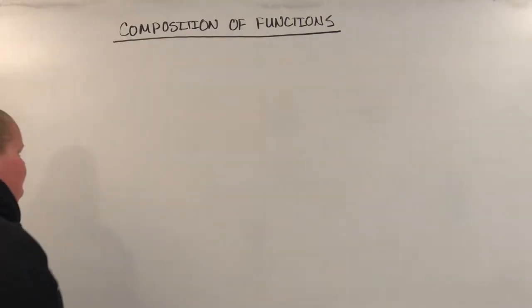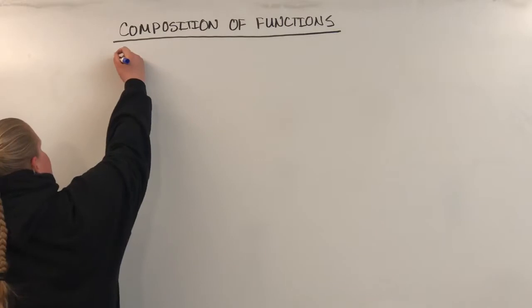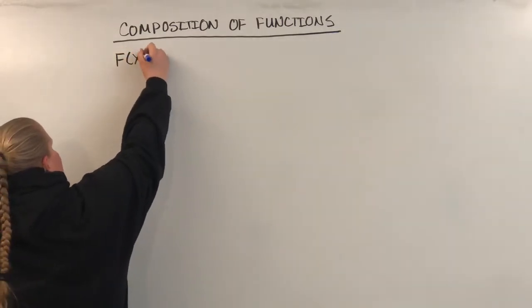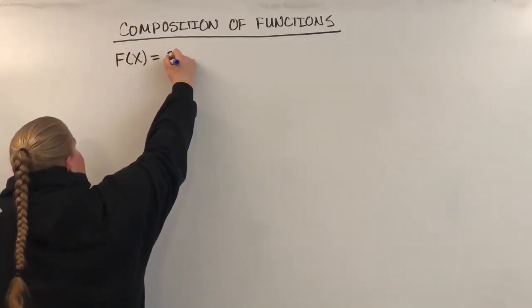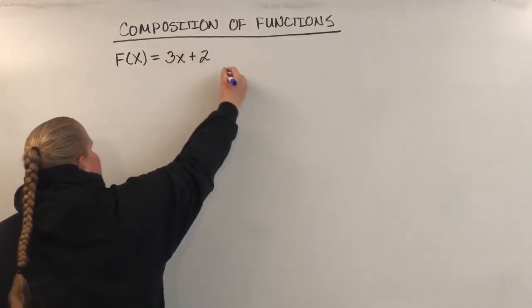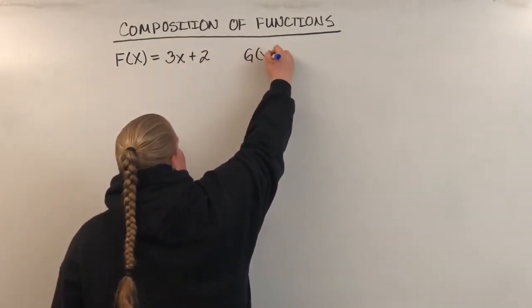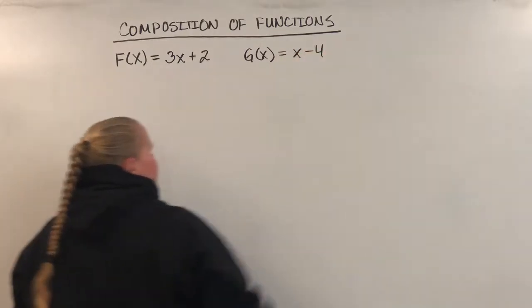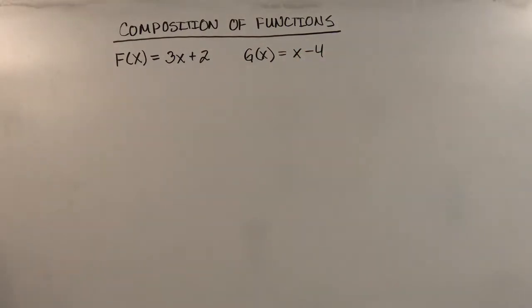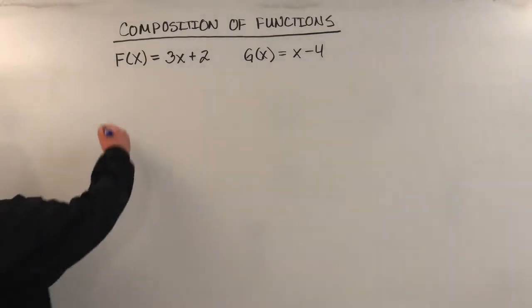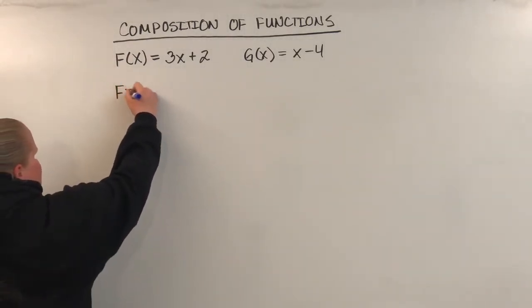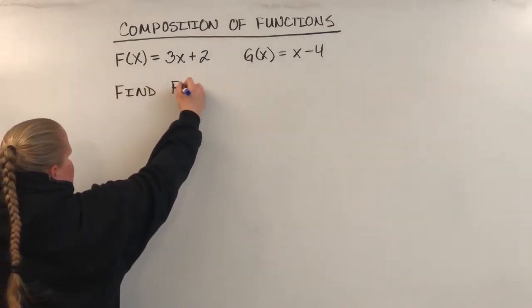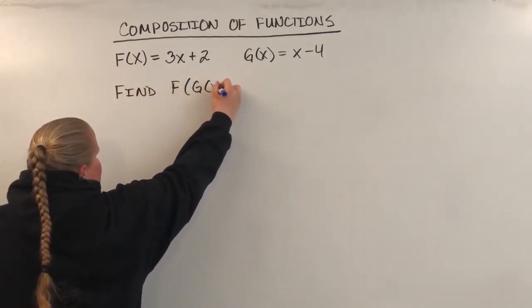Alright, so for these examples, I'm going to use the functions f of x equals 3x plus 2, and g of x equals x minus 4. Okay. So the first thing I'm going to do is find f of g of x.